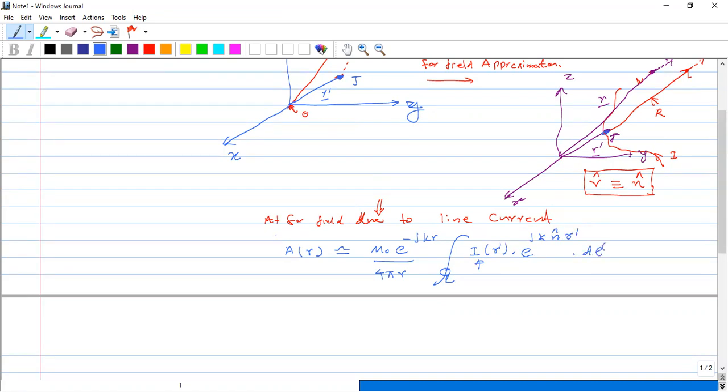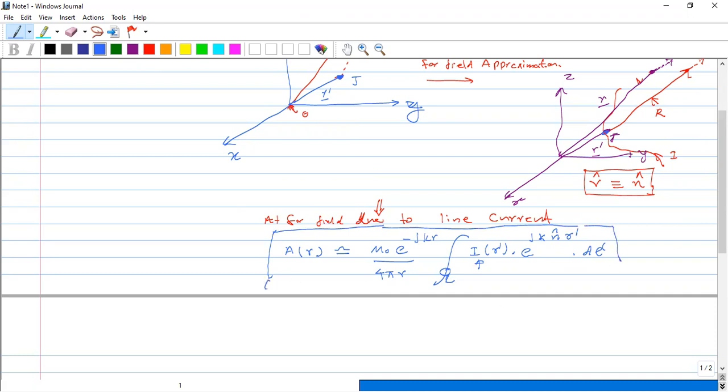So this is the solution at the far field due to a line current in unbounded free space in the phasor domain. This is the solution for the magnetic vector potential.